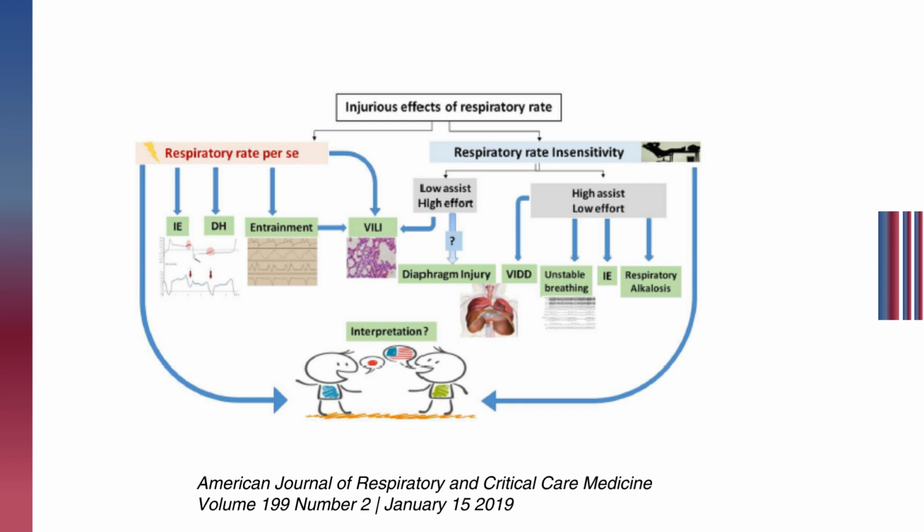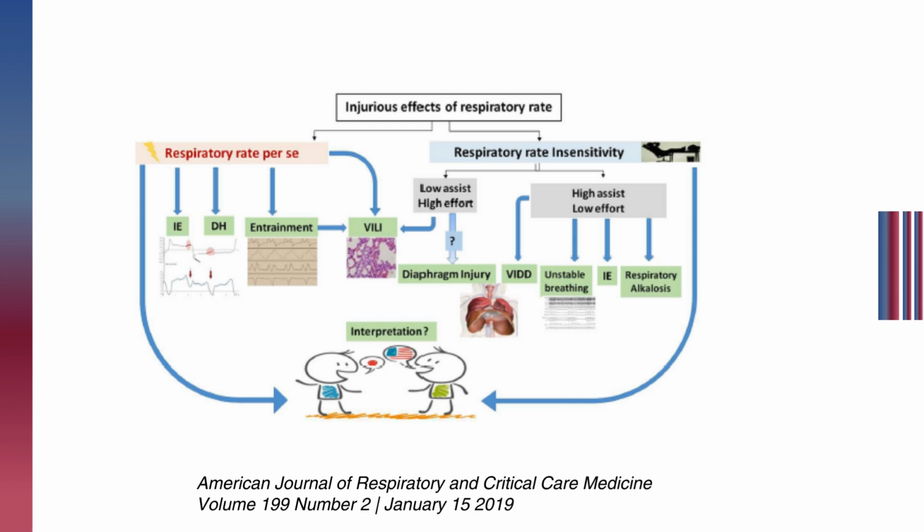It leads to a lot of ineffective efforts during positive pressure ventilation. And what we ultimately see is that we can have increases in ventilator-induced lung injury as a result of high respiratory rate.